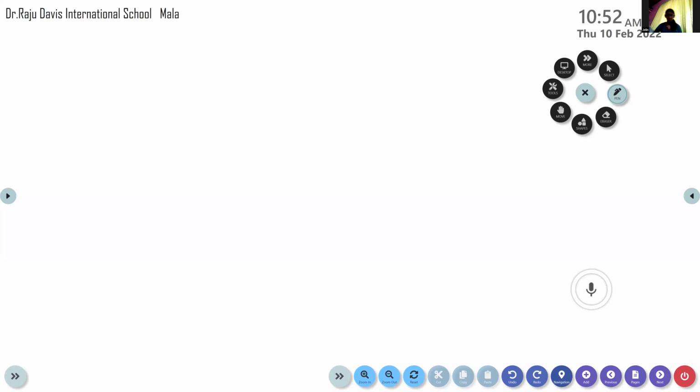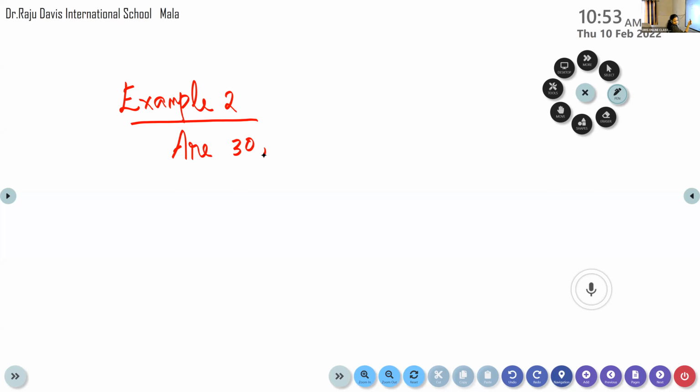Example 2. Are 30, 40, 45 and 60 in proportion? See, children, you cannot change the order.